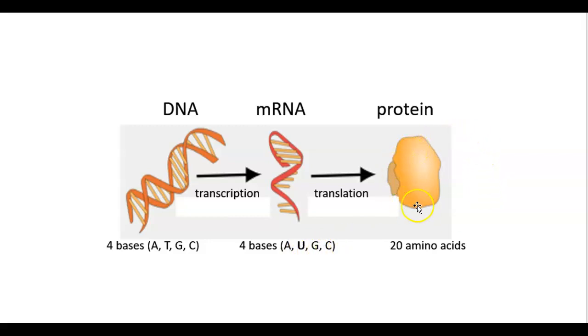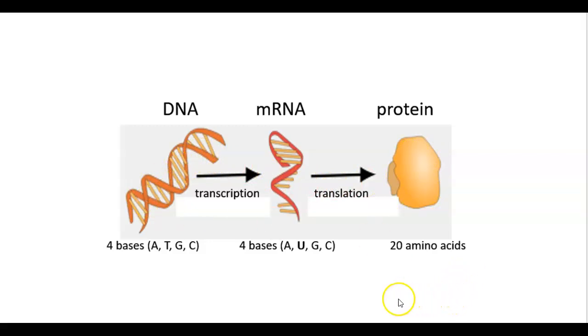Whereas proteins are made up of 20 naturally occurring amino acids. And it's the sequence of the amino acids in the proteins that determines the function of the protein. And the sequence of the amino acids is encoded in the DNA.